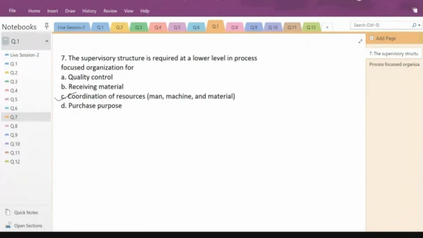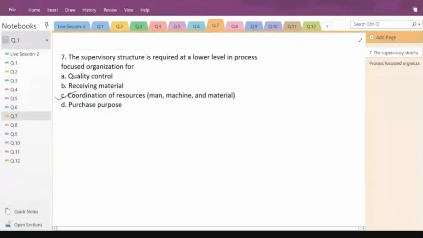Secondly, they are expected to coordinate and supervise for effective use of resources. So these supervisors will be coordinating the efforts of staff and workers for effective use of resources in terms of material, man and machines, so that they can really give the output as per the targets of the organization.